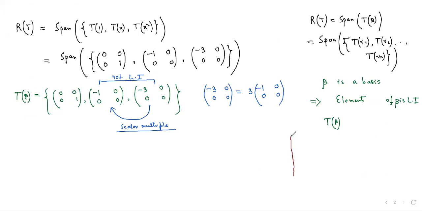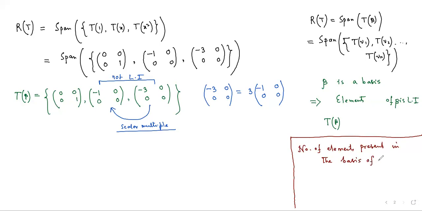We know that if we have a basis, then the number of elements present in the basis of V is what?